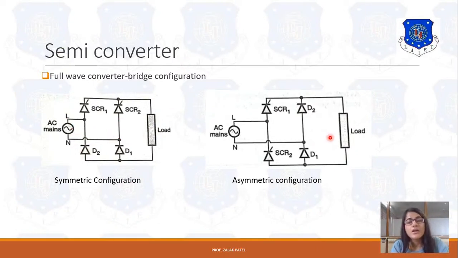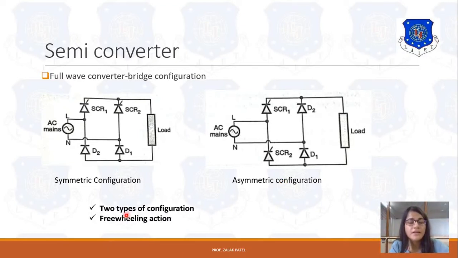Here again, the load connected with the circuit can be either purely resistive or a resistive part with some inductive component. If an inductive component is connected, then freewheeling action will take place, which we will discuss. So these are the two basic configurations of semi-converter: symmetric configuration and asymmetric configuration.